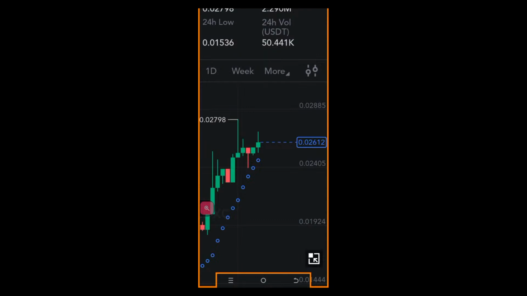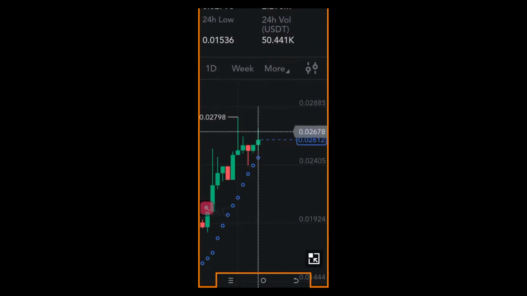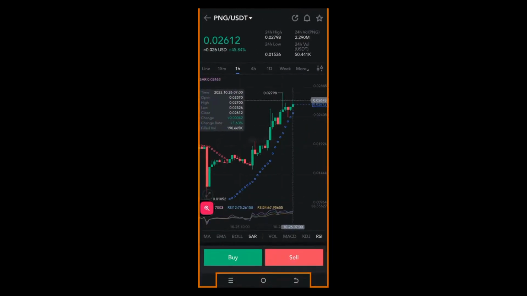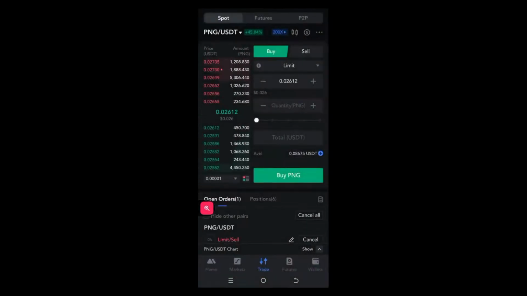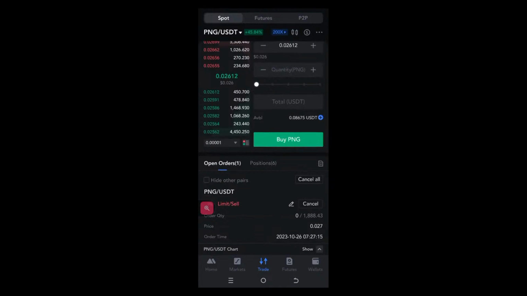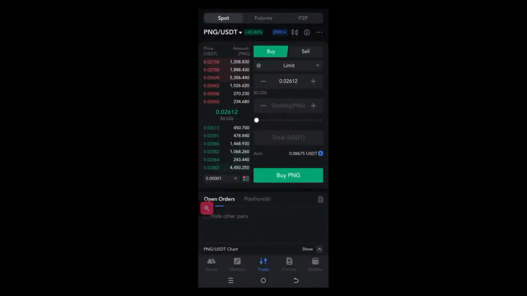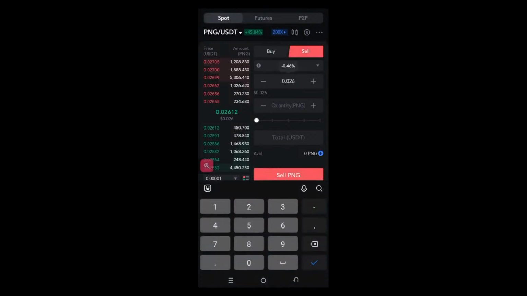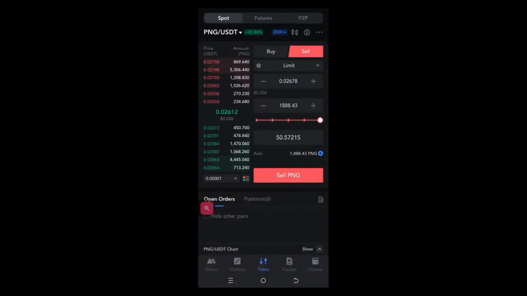Let me see where it went to. It actually went to 2.678. Okay, let me check what that is. If I put 2.678, I just cancel it out, and let's see what that would give us. 57 cents.